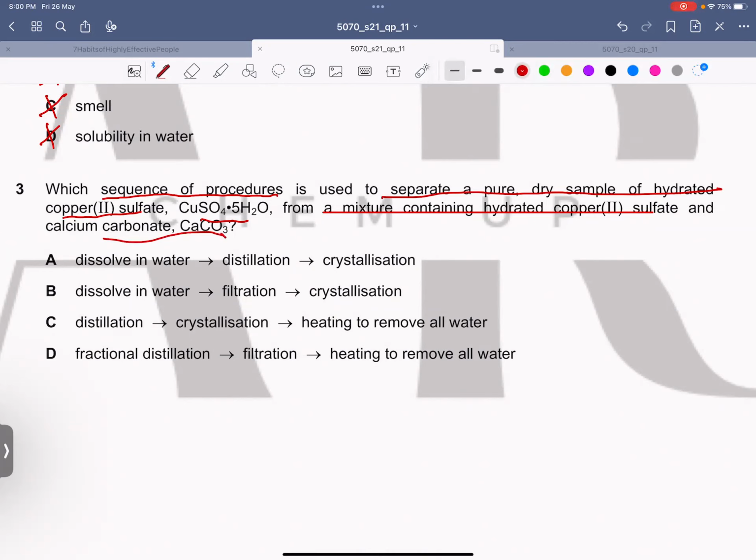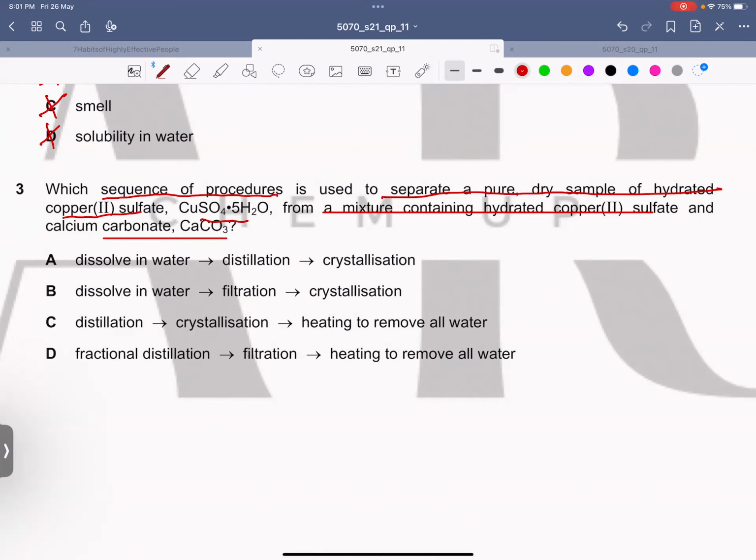How can you do that? The calcium carbonate is insoluble, so it means filtration. If it's insoluble in water, first we will dissolve the mixture in water.